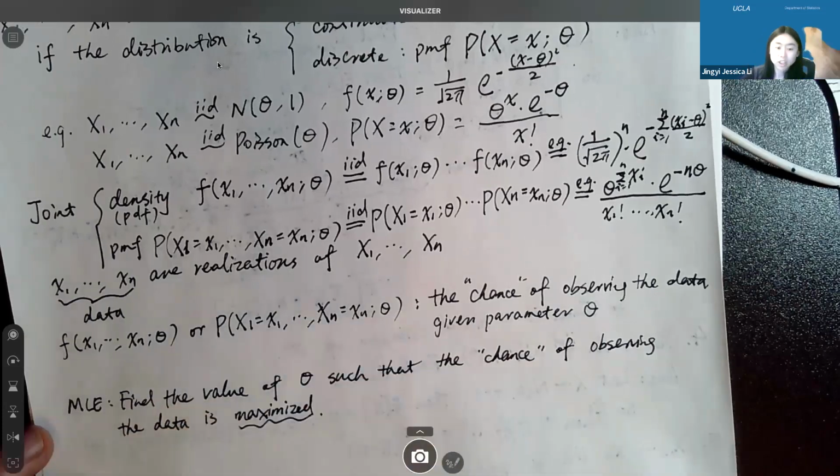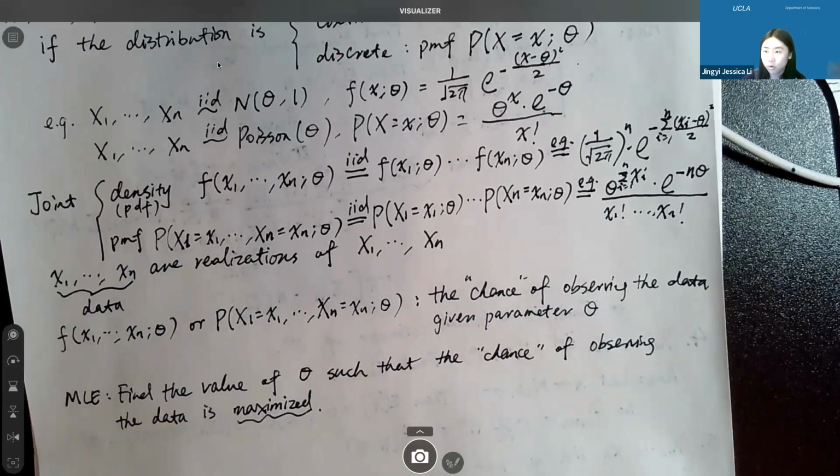Intuitively, this is the most reasonable way. We want to make sure that our data is coming from a theta that makes our data more likely. Or I should say, maybe we should find the theta such that our data is just a likely observation.